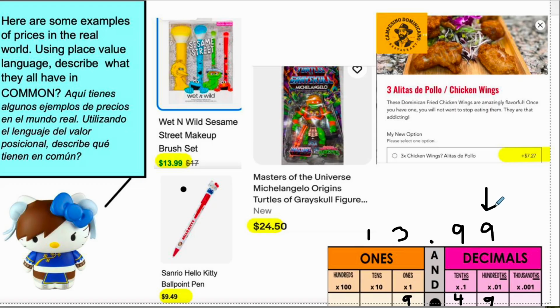The hundredths place is where money lives. The hundredths place is represented by pennies, and the tenths place is represented by dimes, if we're thinking money.